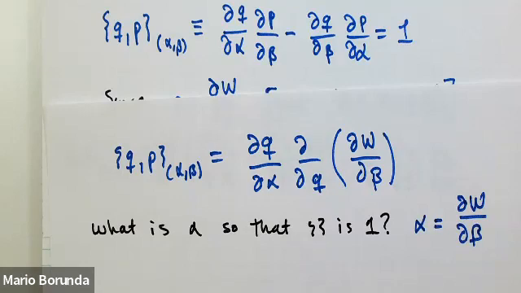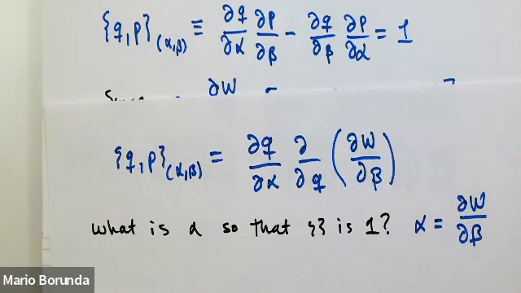Does that make sense? This has to be equal to 1, right? So if I have this, and I have this, alpha has to be equal to this one so that everything cancels out and you get this one and this one to cancel out into 1. So my alpha is just this guy. We're good? Yes? All right.